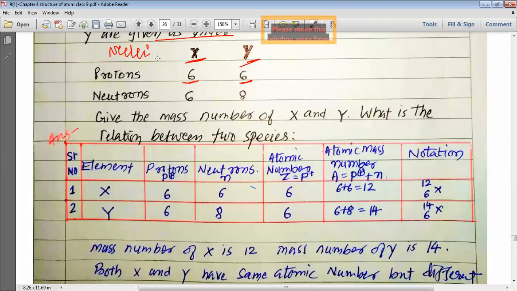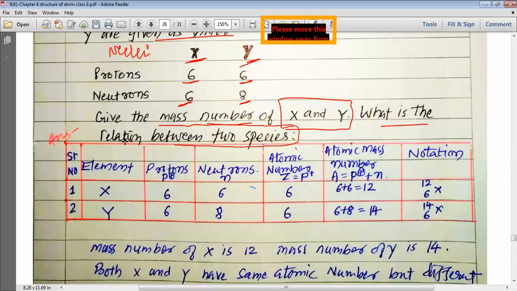But if we look into the nucleus of X, the number of neutrons is 6, but here the number of neutrons is 8. Give the mass number of X and Y. First thing we need to do is to calculate the mass number. And what is the relation between the two species? We need to find out the relation between the two species also.